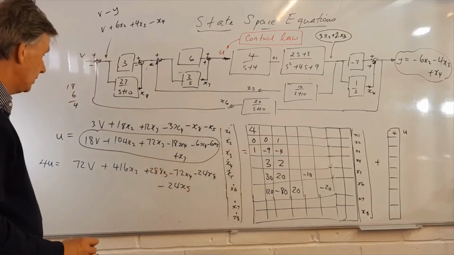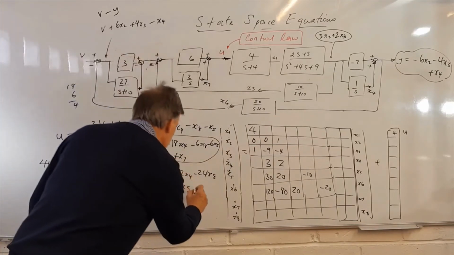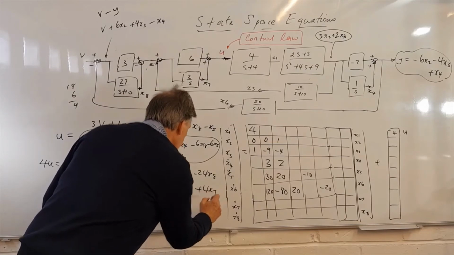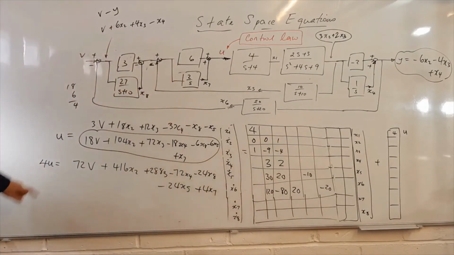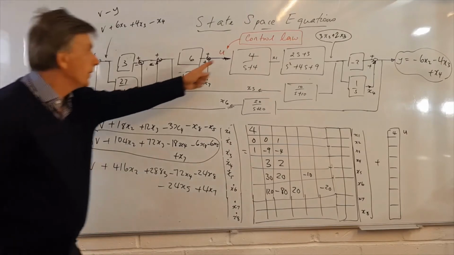And 4 times 7 will be plus 4x7. So this is 4U now, and this is our control law, because we worked out what that signal there is.